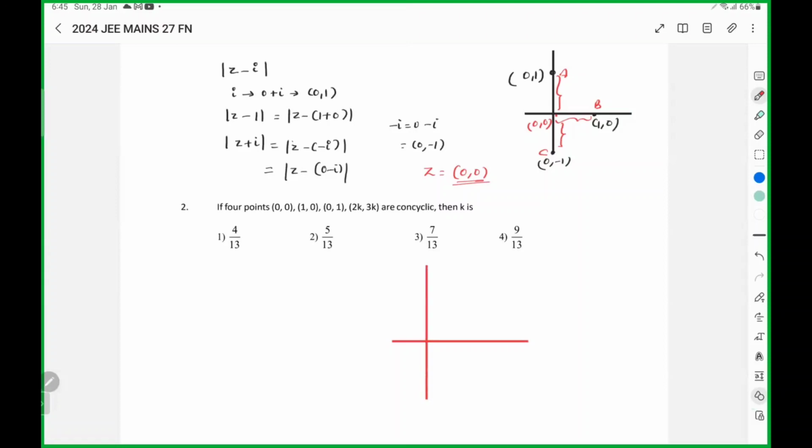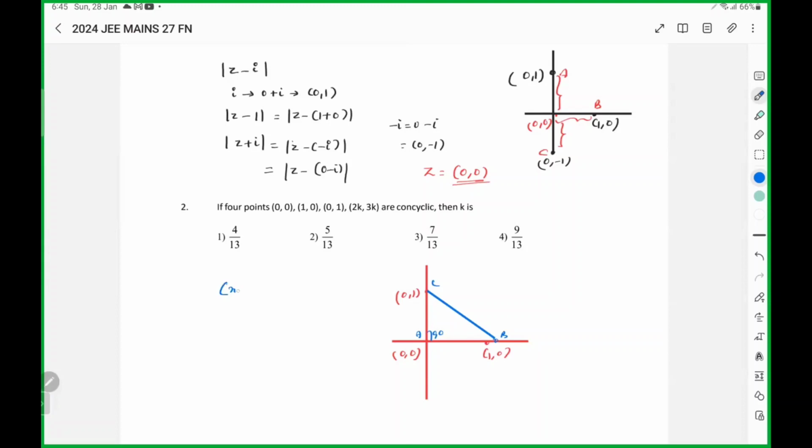Here (0, 0), here is (1, 0), (0, 1). It is obviously a right angle triangle. So if you assume it as ABC, with a right angle, then the hypotenuse BC becomes a diameter.